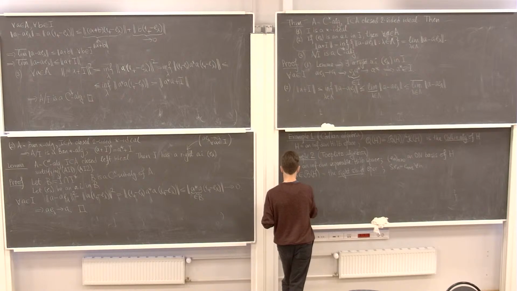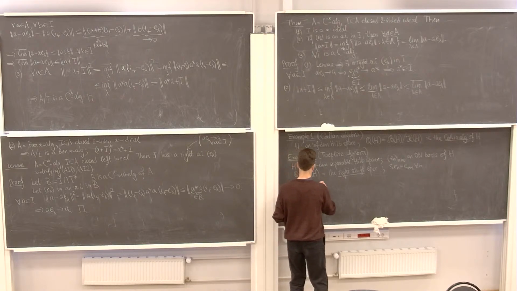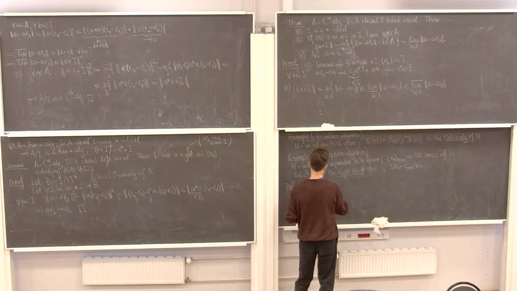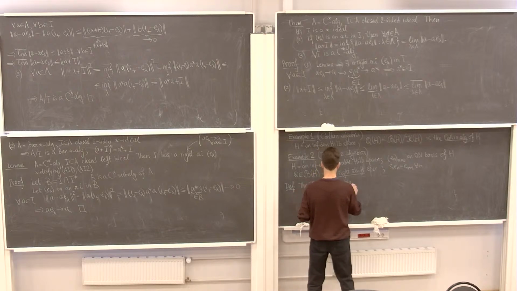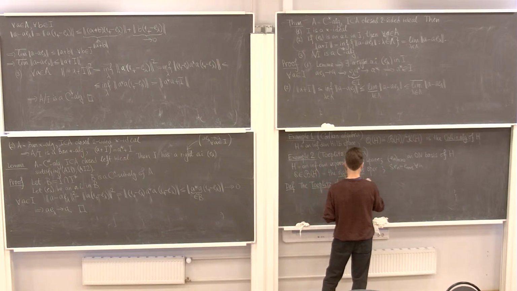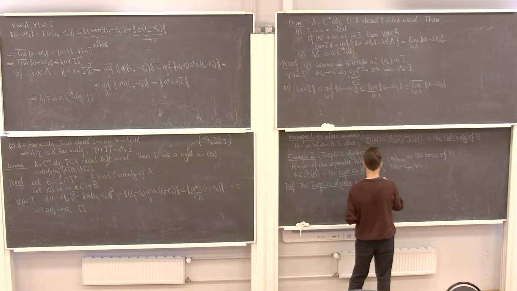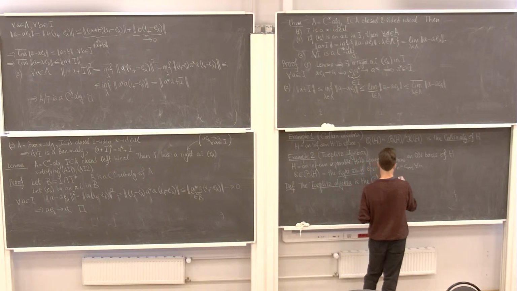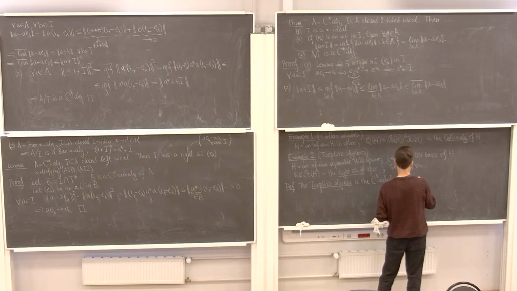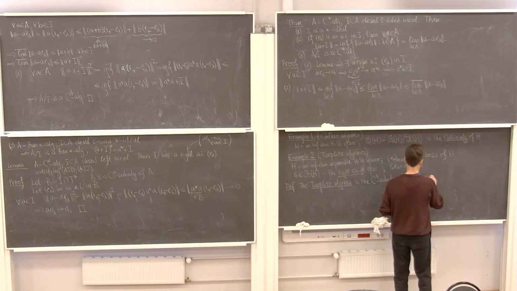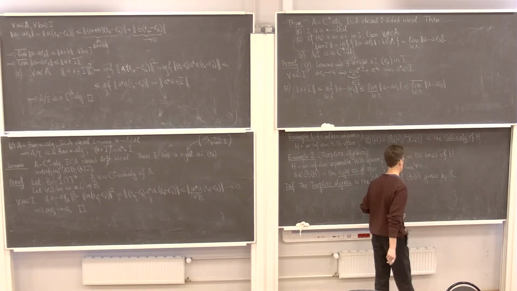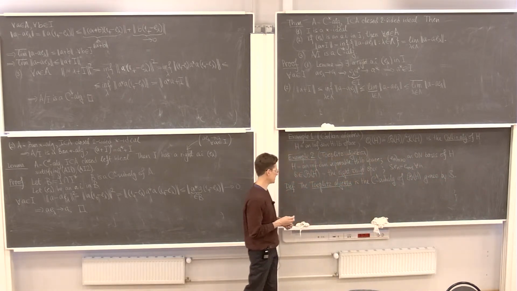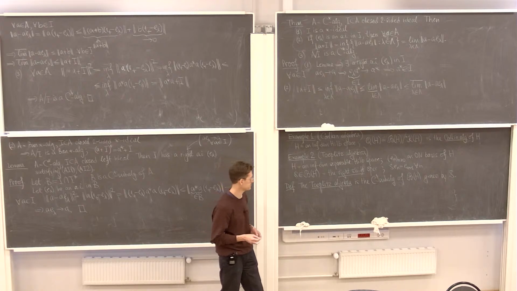And now we define the Toeplitz algebra to be the C star subalgebra of B of H generated by S. So this is the smallest C star subalgebra of B of H containing the right shift operator.